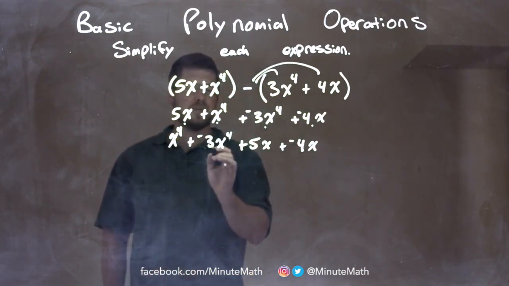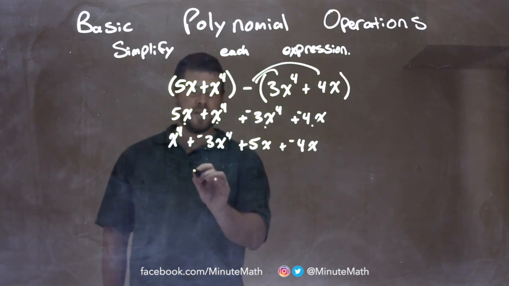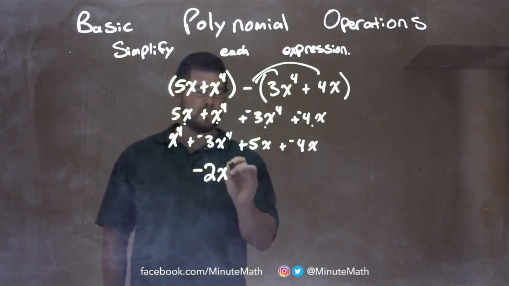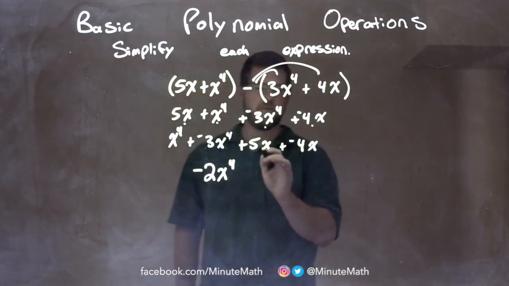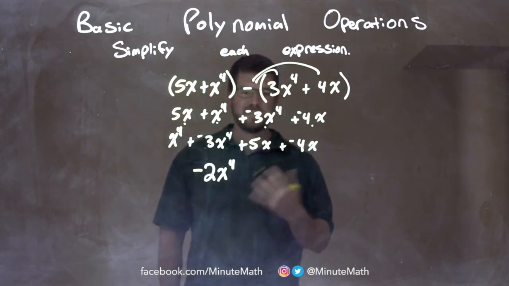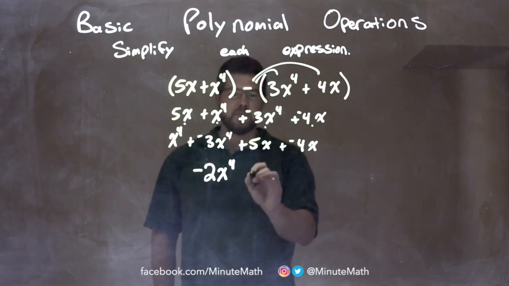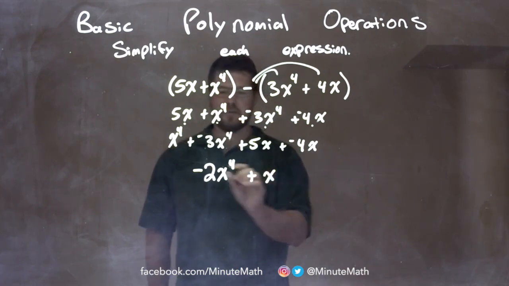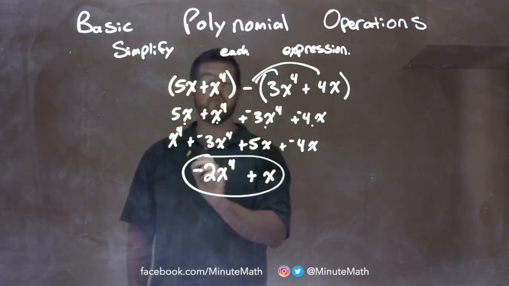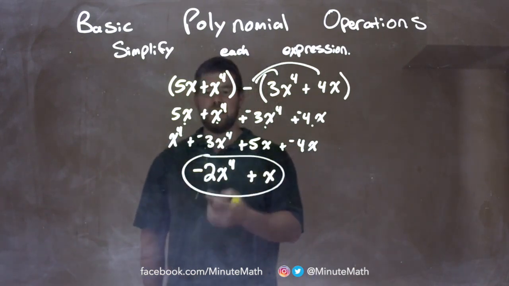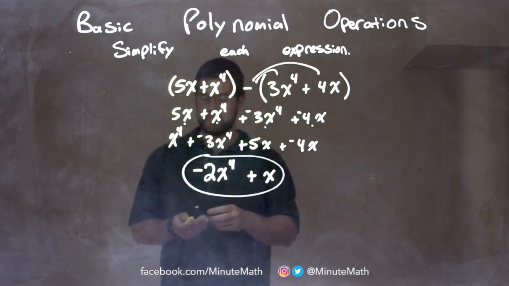X to the 4th plus a negative 3x to the 4th is a negative 2x to the 4th power. And then 5x minus 4x just comes out to be 1x, so a positive 1x. And there we have our final answer. We have a negative 2x to the fourth plus x.